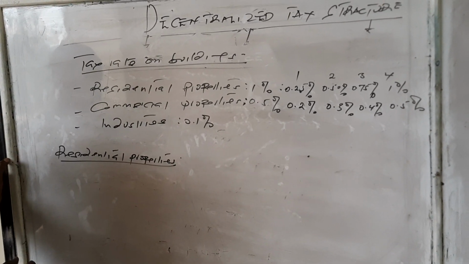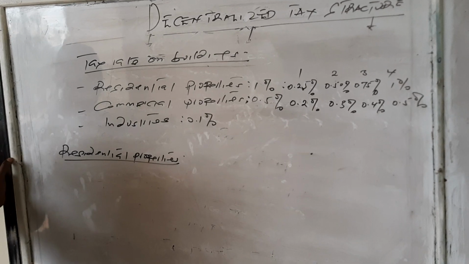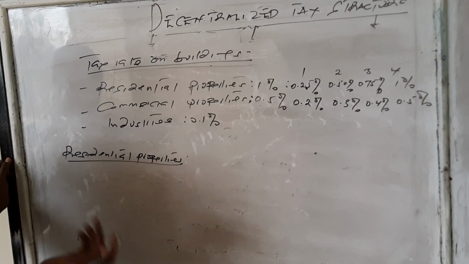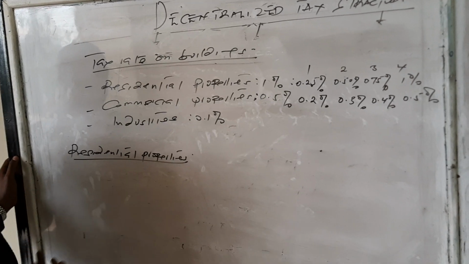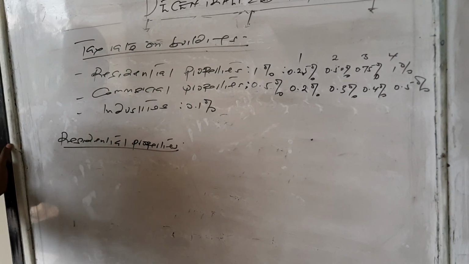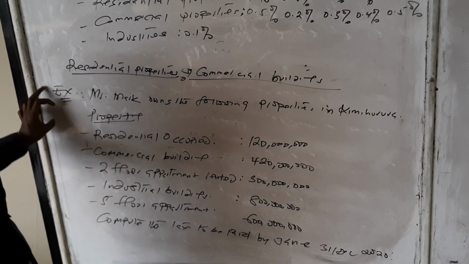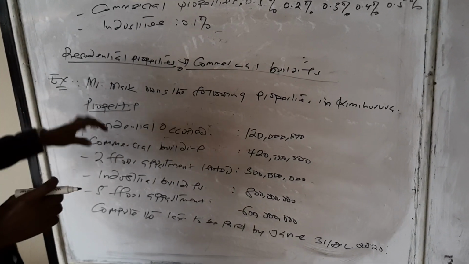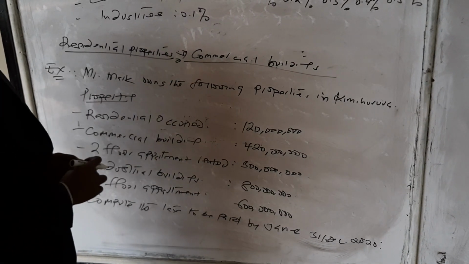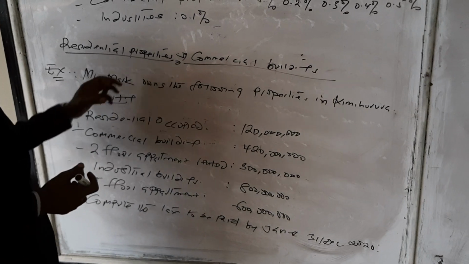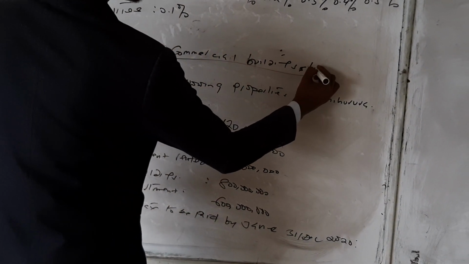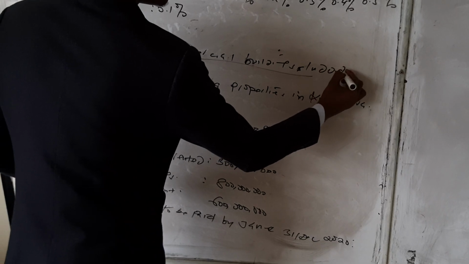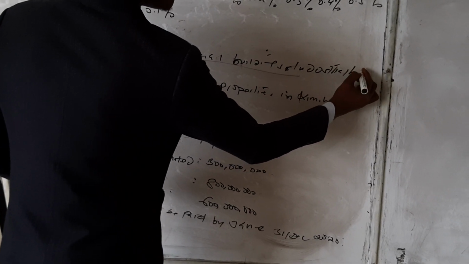I think we need to do an example for the residential house and the commercial properties so that we can really understand this. Let's look at this example under residential properties, commercial buildings, and industrial buildings.